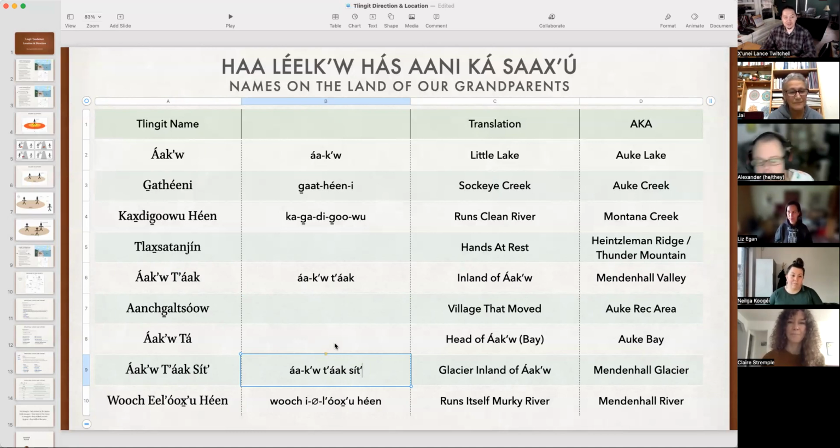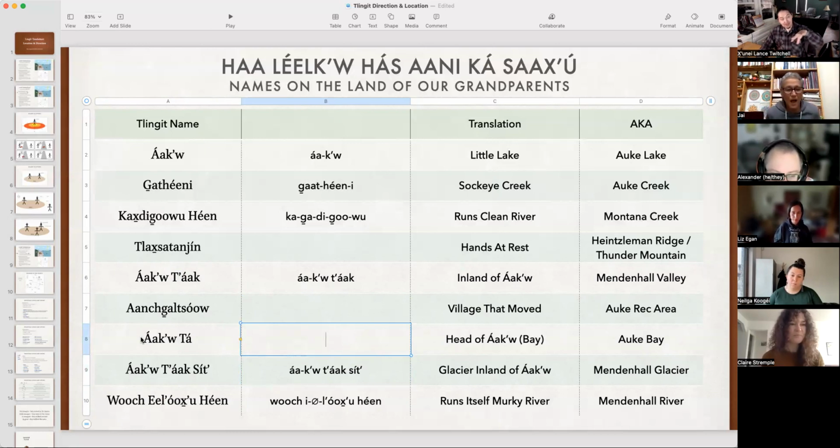Okay. So the next one, the name áax'w extends to the bay as well. So if we go out to sea a little bit from where this little lake is in this area, Kayaaní, this word ta is the head of a bay. So like if you think of when we say the head of the bay, let's say here's the land and here's the bay kind of coming out this way.